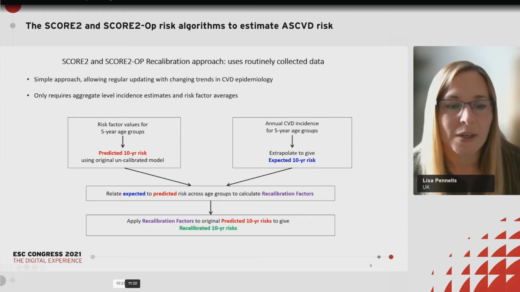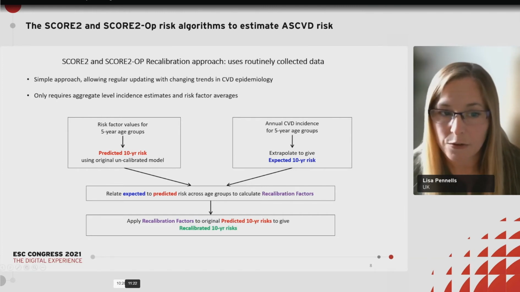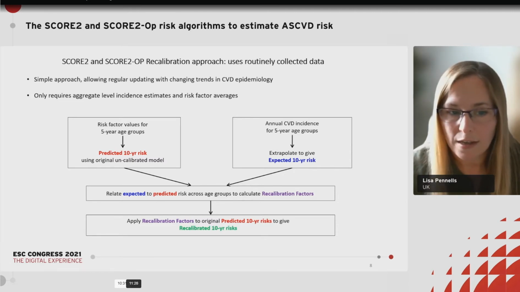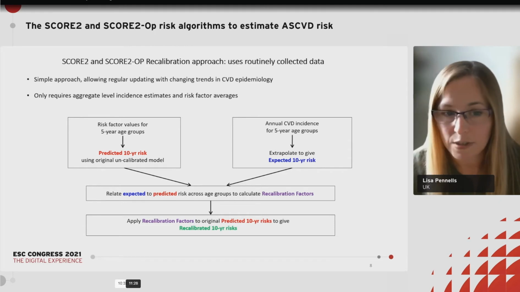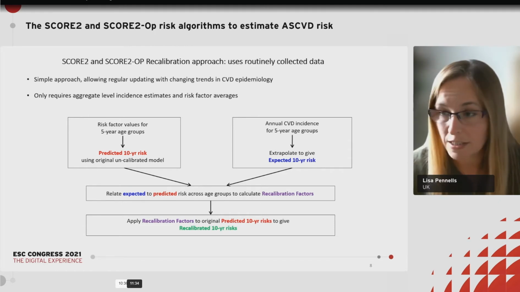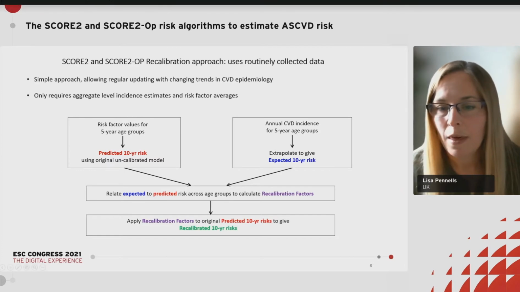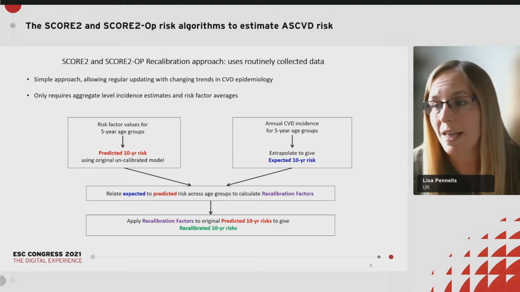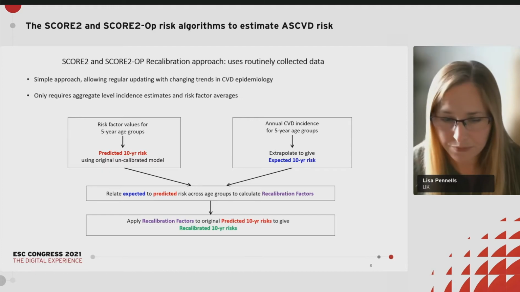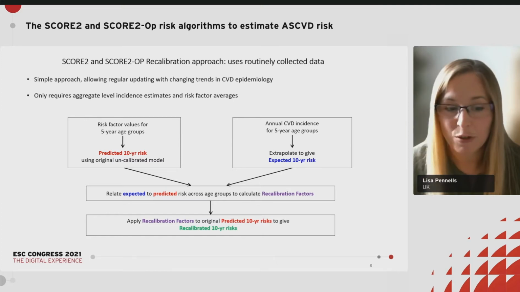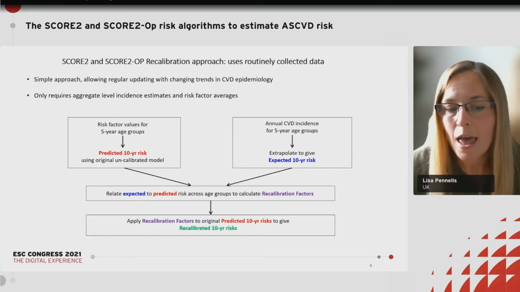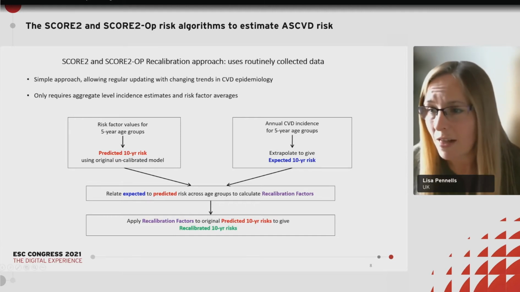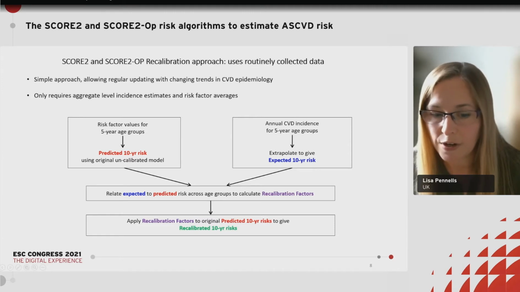So it works by taking our average risk factor values within 5-year age groups in our target population and plugging those into the core uncalibrated risk prediction model to get a predicted 10-year risk for each 5-year age group. We then take our annual incidence estimate for each age group and extrapolate that to get an expected 10-year risk. Having got these across age groups, we can relate expected to predicted risk and calculate recalibration factors, which are then used to rescale every new risk prediction to get a recalibrated 10-year risk.